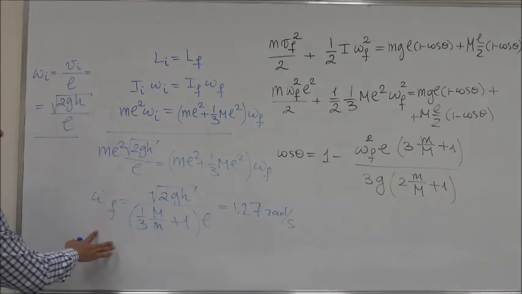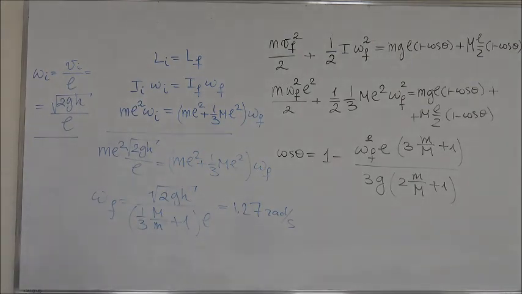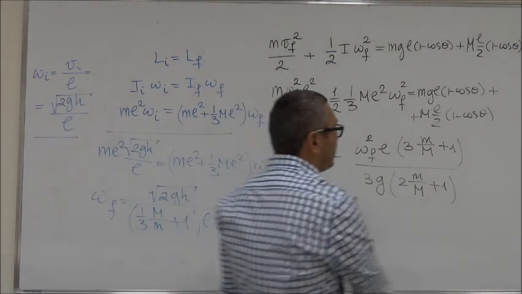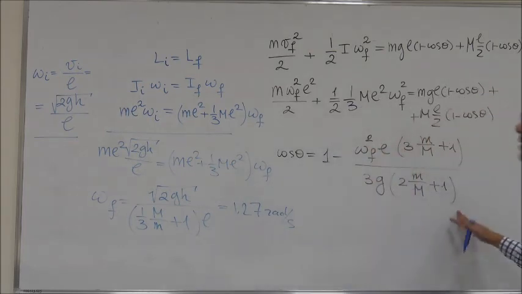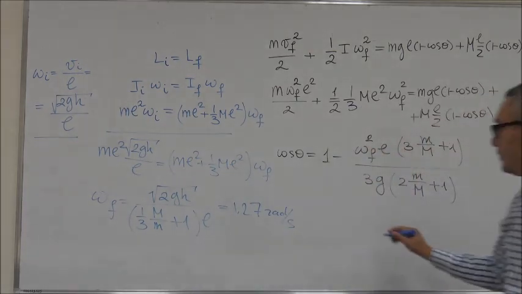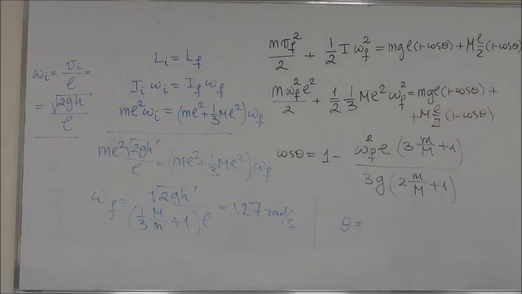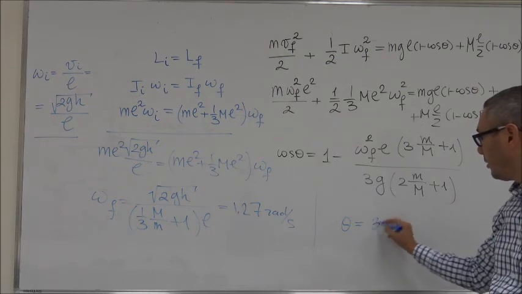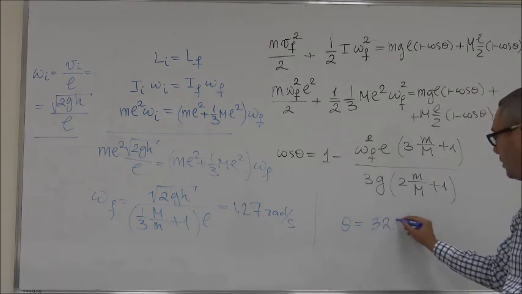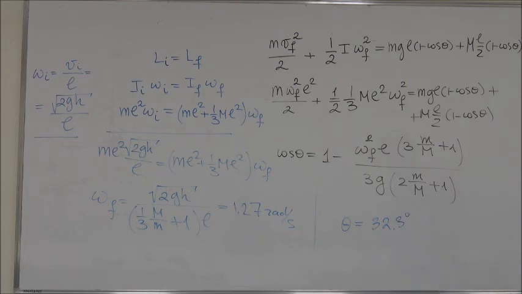So this is the final angular speed. You can then use this in this equation and calculate for theta. So if you do that, your theta is then equal to 32.3 degrees. So this is the maximum angle to which the rod and the block will get to after the collision.